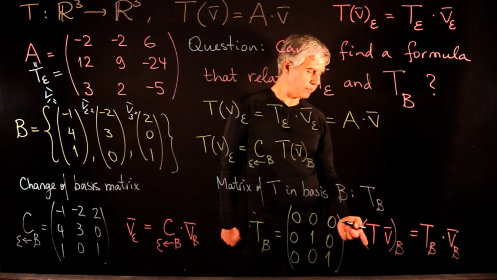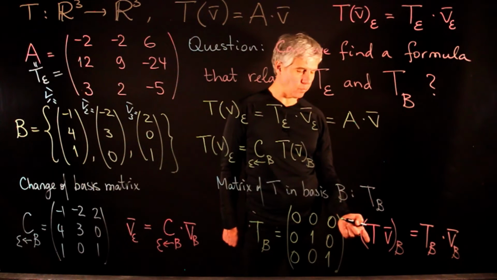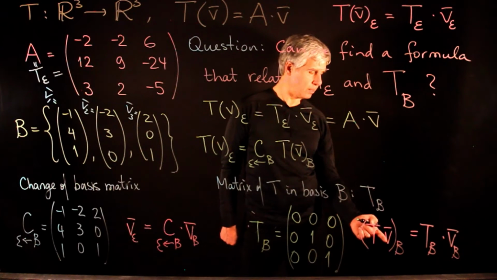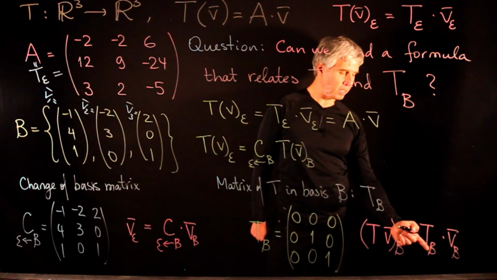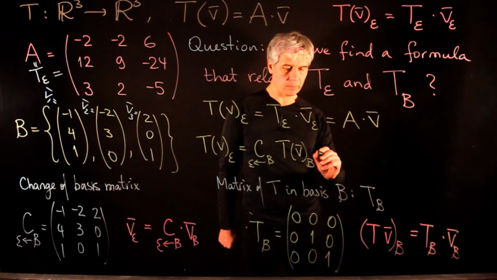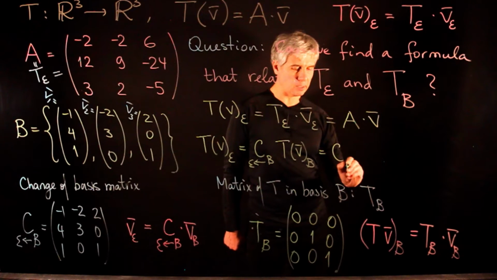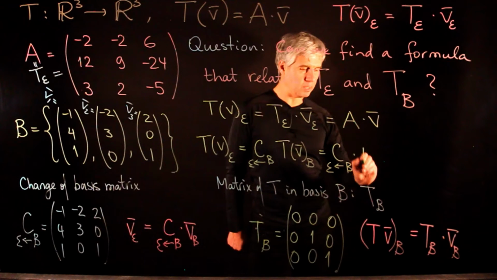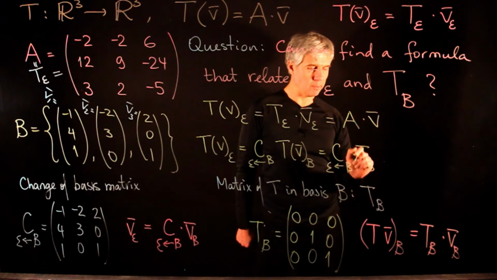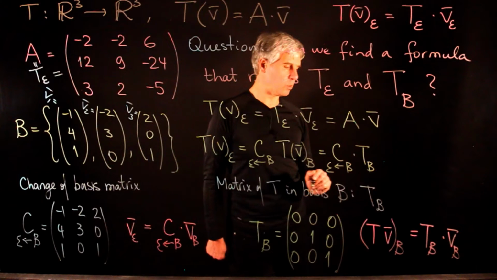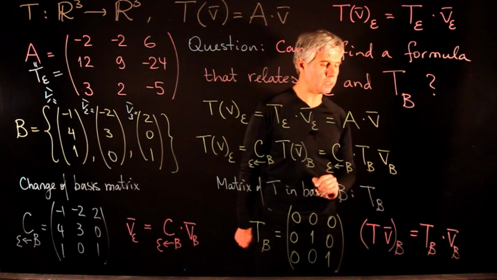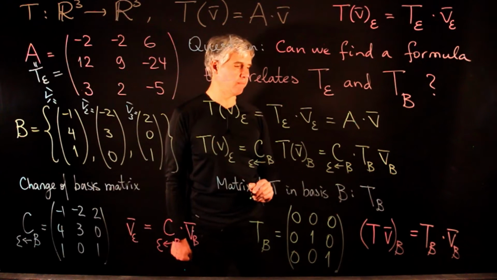But here we have a formula that tells us what is the B coordinates of T of V in terms of matrix TB. So what we get is the change of basis matrix times TB, the matrix of T relative to the basis B, times the non-standard coordinates of a vector V.